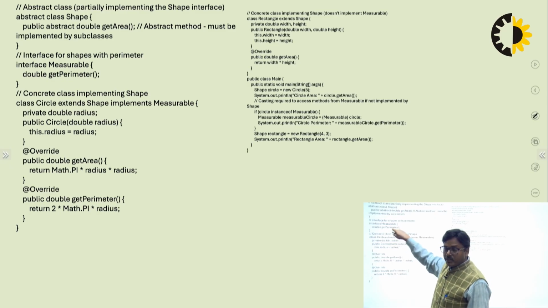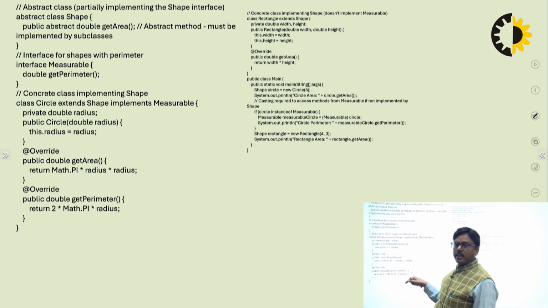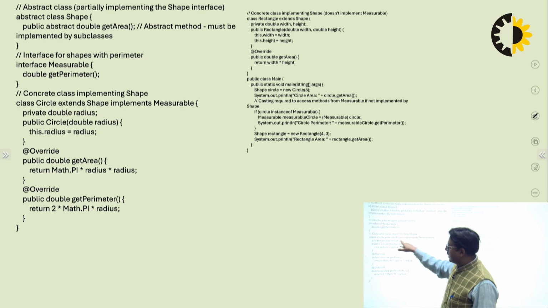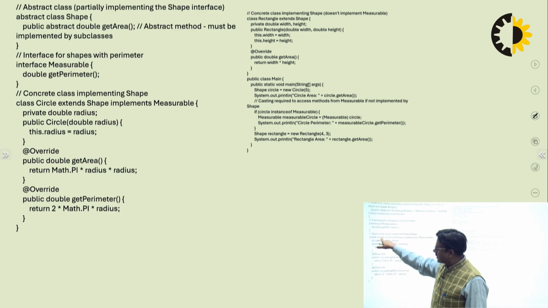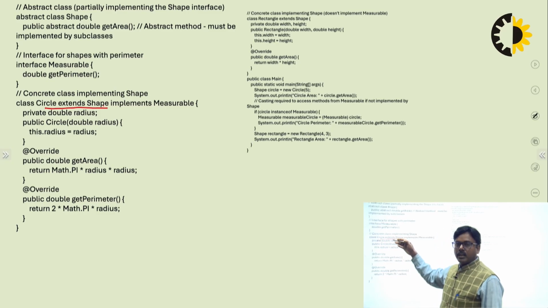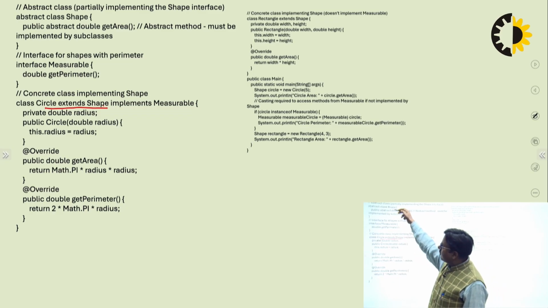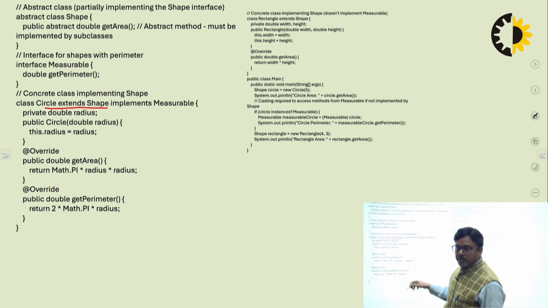So the definition of that method has to be given here in this subclass, because it is inheriting that particular interface. That's why the statement class Circle extends Shape is the inheritance part. The extends keyword helps to inherit the superclass, and after inheritance this brings the method into the subclass, which can be implemented here with the help of implements Measurable. Measurable is an interface, and it will be implemented using this keyword.